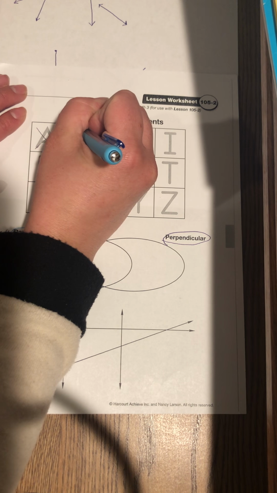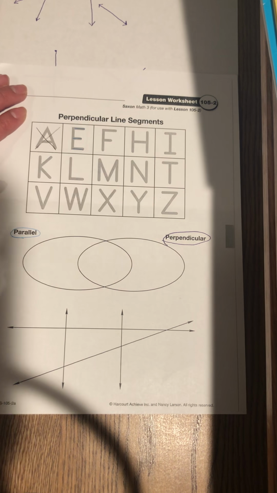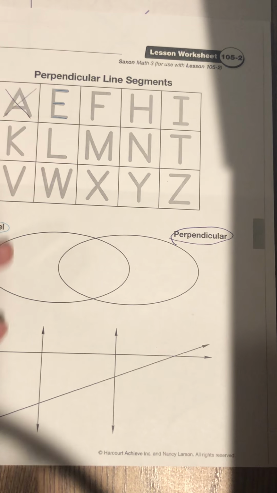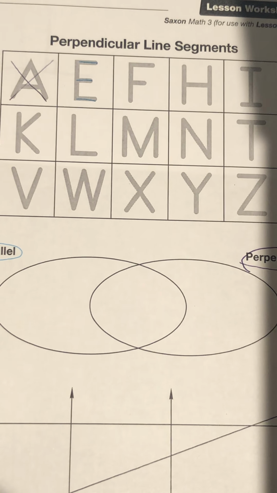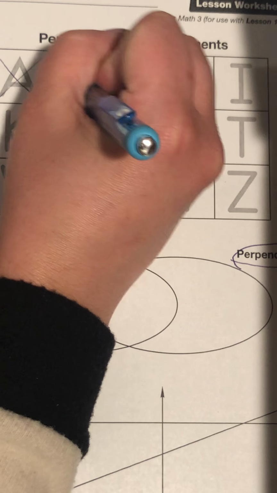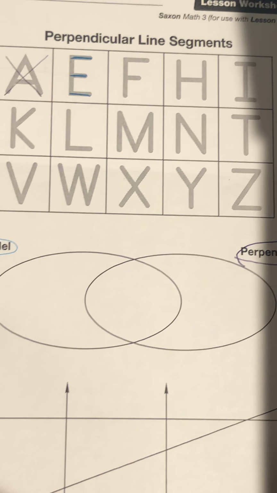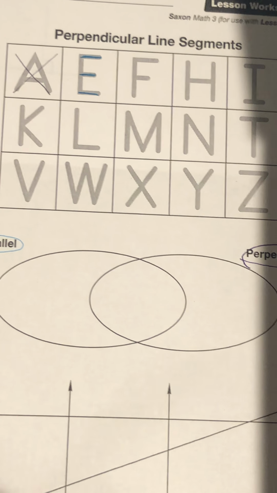Okay, so for E, you'll see that we have 3 parallel lines. Let me zoom in here so you guys can see my colors a little bit better. Okay, so I have 3 parallel lines. Make them a little bit darker. And do I have any perpendicular lines?